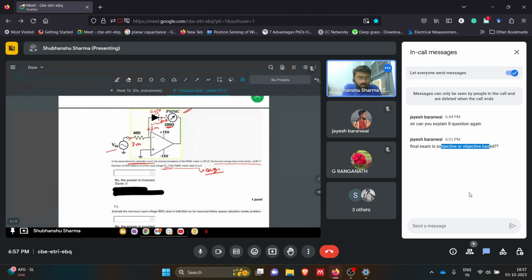One more thing you have to keep in mind: let's say V in is a complete sinusoidal voltage, with peak Vm. What will be the output? For a positive cycle, this diode will be on, forward biased, so we will have some V naught.